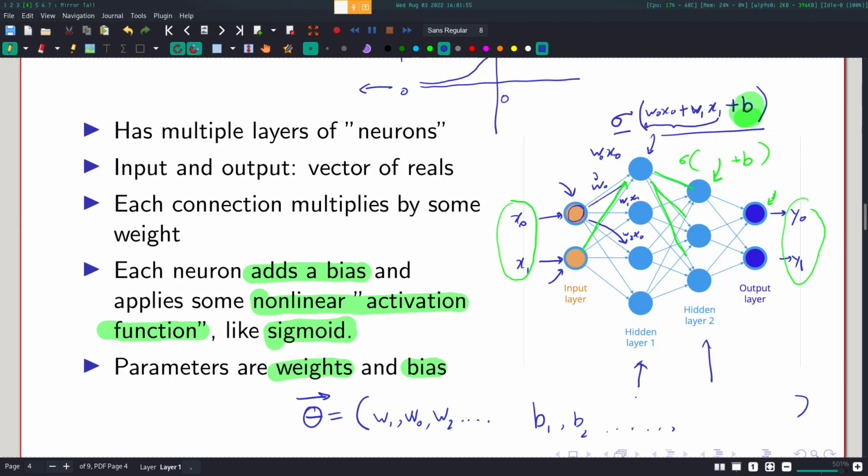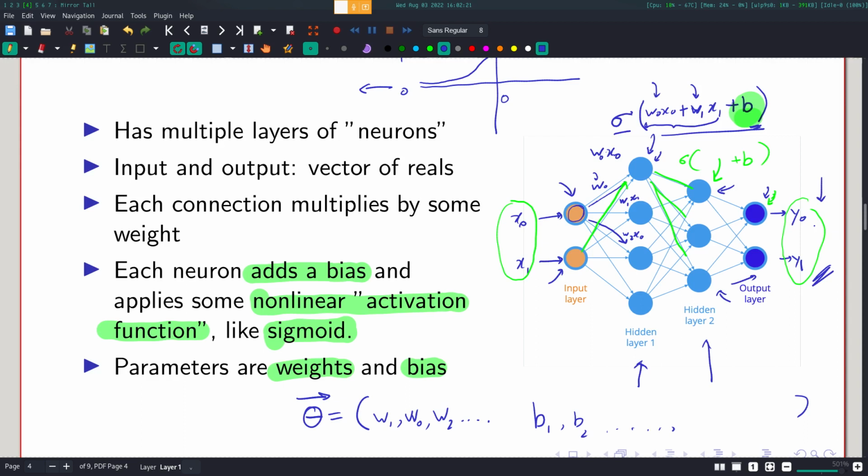If you change the values of these weights, then you'll get a different weighted sum at this neuron, and the output of this neuron is going to be different, and that's going to affect the values at these neurons, and finally you'll get a different output over here. Similarly, if you change the bias anywhere in the network, everything downstream from there will change and you'll get a different value here.